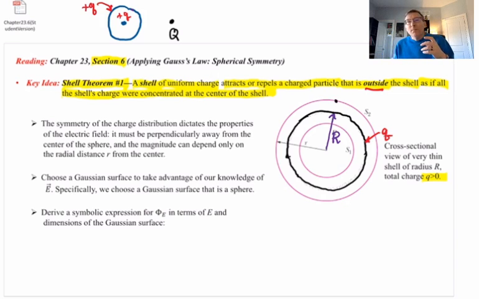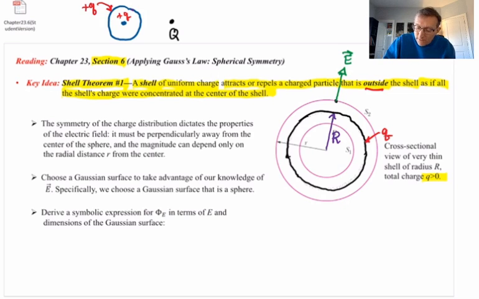Well, because a sphere looks the same from whatever angle you look at it from, the electric field has to just point radially away from the center, straight out along a radial line from the center at any given point. So that place where I put that dot, the electric field from that has to point straight out radially away from the center of the shell at that point.